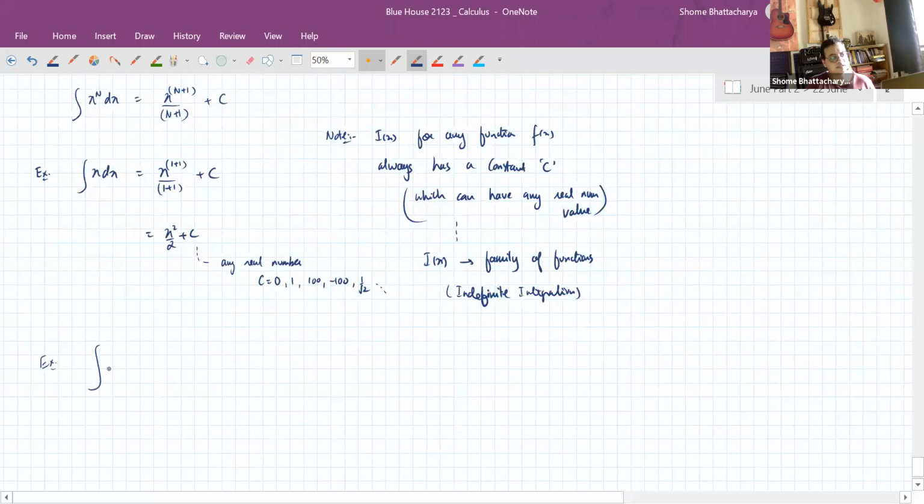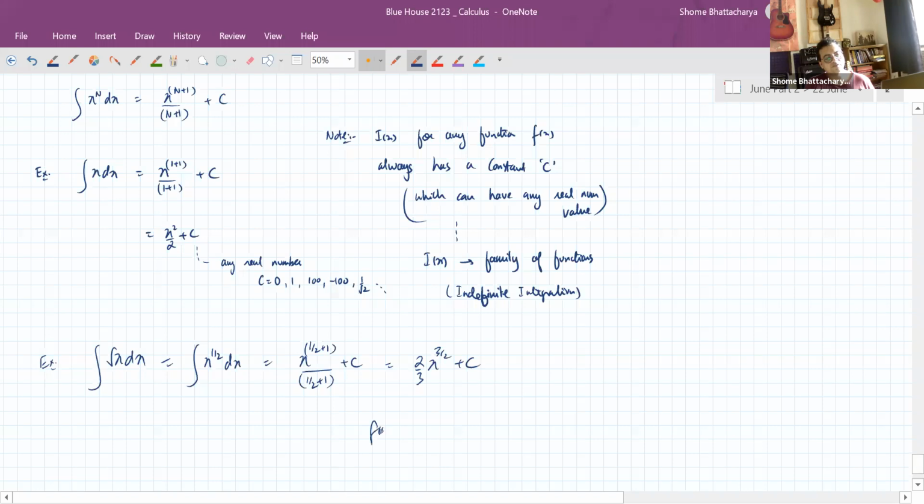So for example, integration of root x. In the same way that we applied the laws of indices to differentiation, only the formula changes. That is 2 by 3 x to the power 3 by 2 plus c.